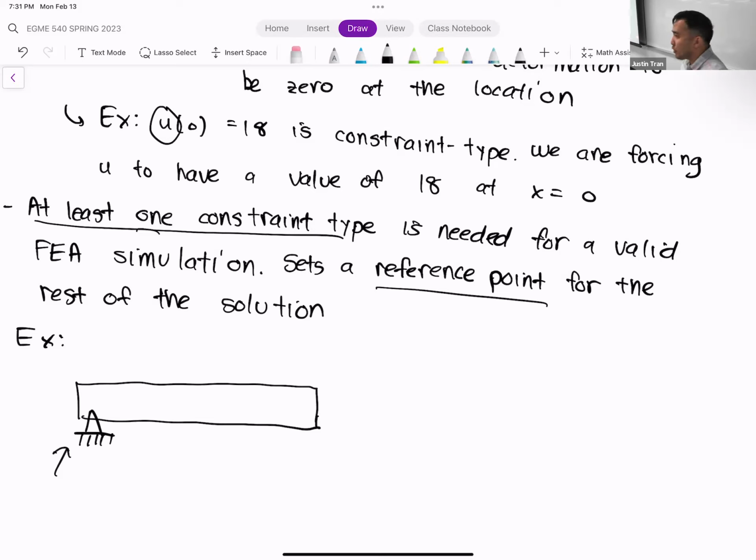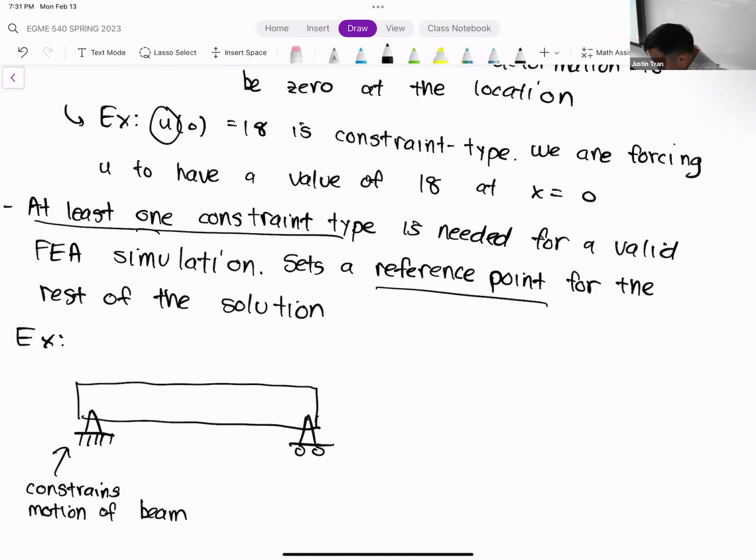This pin is constraining the motion of the beam. So even if we have a roller support on the other side, because we have that pin support acting as our constraint, we're not going to have any rigid body motion.